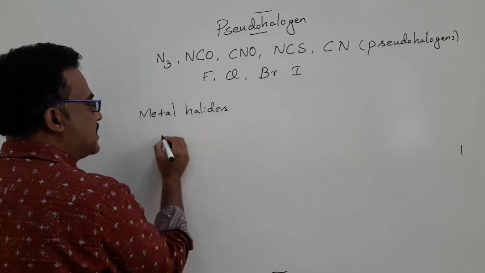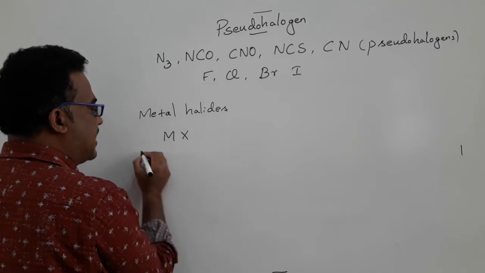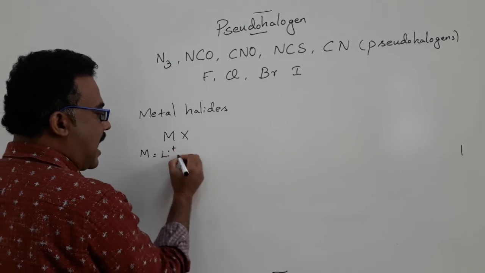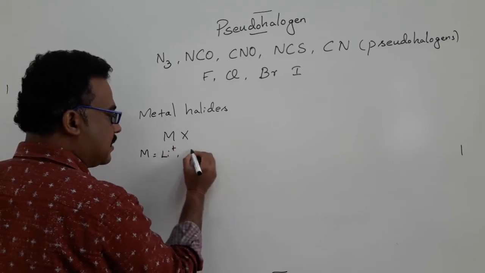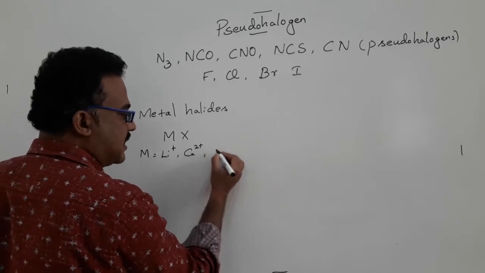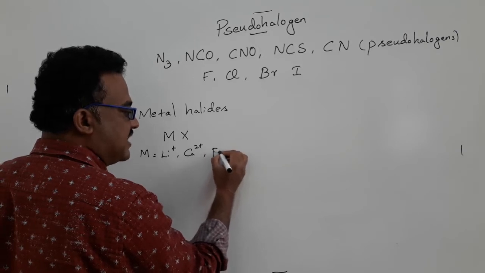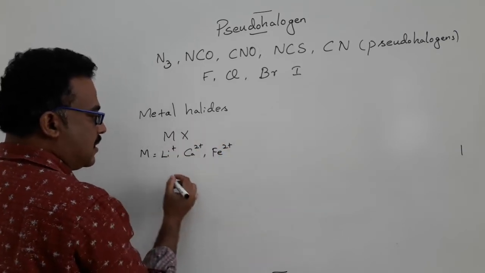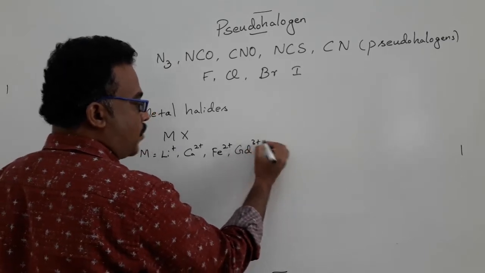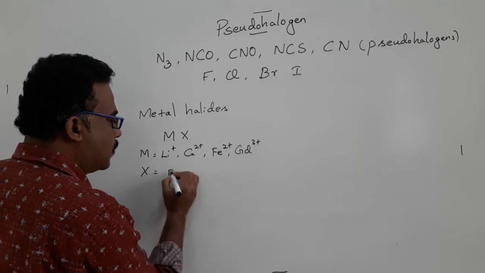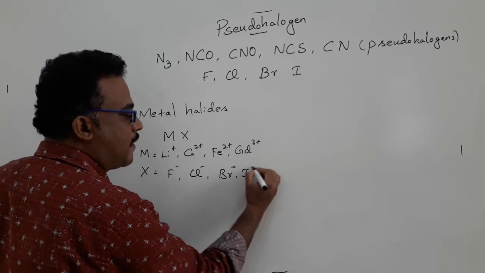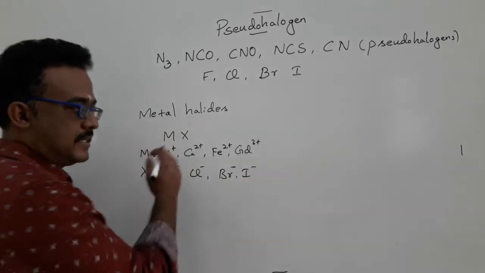Generally I can write MX, where M is an alkali metal, alkaline earth metal, various transition metals such as iron, just a representative example, iron 2 plus, and also lanthanides, for example gadolinium. X is fluoride, chloride, bromide and iodide. So various metal halides exist.